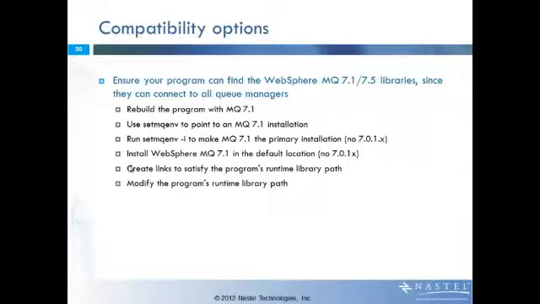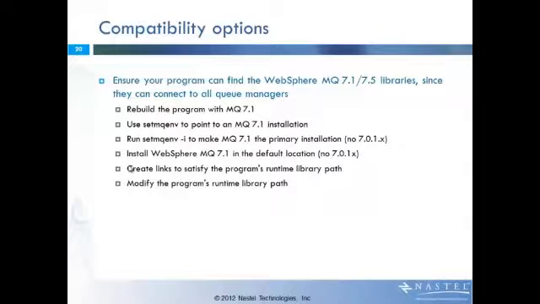So to get your compatibility options set up properly, you have a number of different choices. Depending on how you've set up, you may need to rebuild your program with the 7.1 or 7.5 libraries. Of course, you can use the setMQenv command that we mentioned earlier to point to the correct installation. You can use the setMQenv -i command to make 7.1 the primary installation. However, that won't work if you still have 7.01 and you're still doing installation or coexistence.